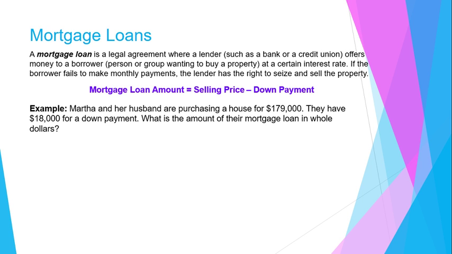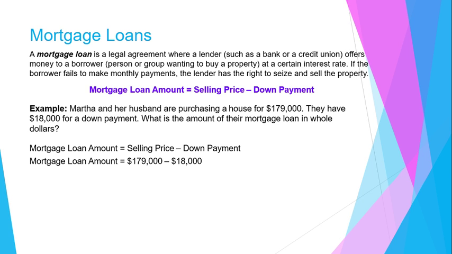So here's an example. Martha and her husband are purchasing a house for $179,000. They put down $18,000 for a down payment. So how much is their mortgage loan in whole dollars? So all we have to do is get the down payment and subtract that from how much the house is selling for.